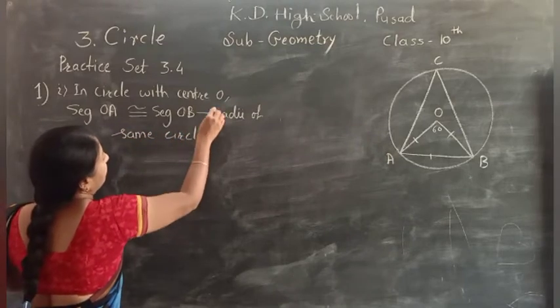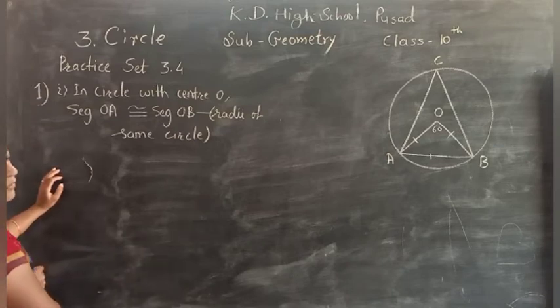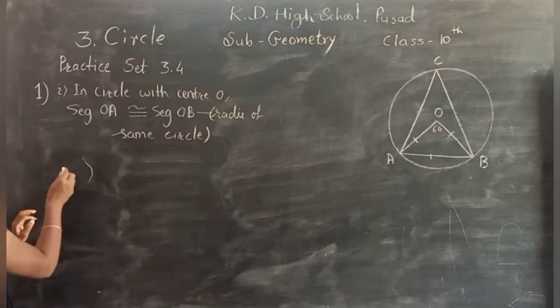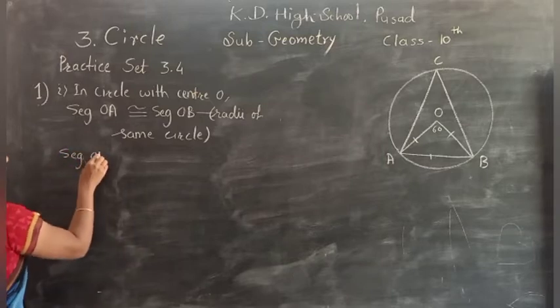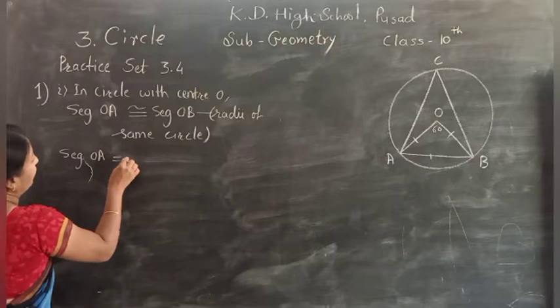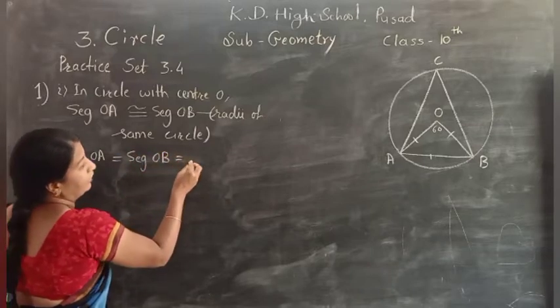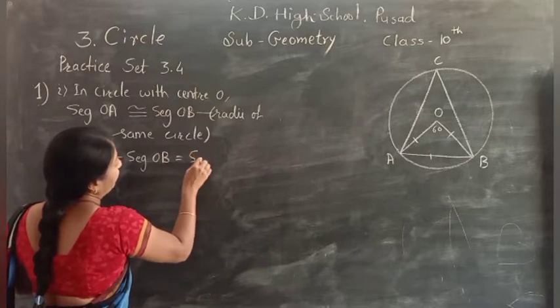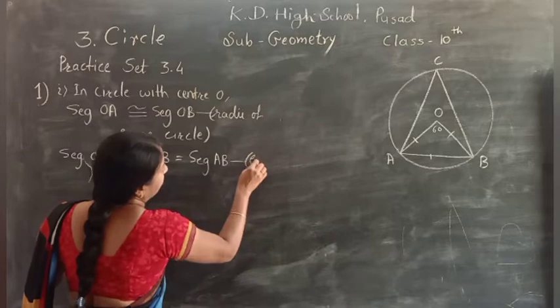That is the reason. Now segment OA is equal to segment OB is equal to chord AB. You can say segment AB. It is the given.